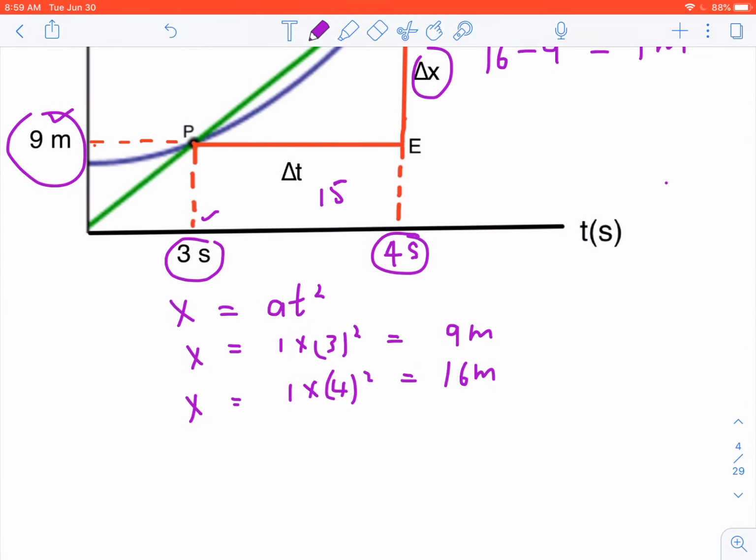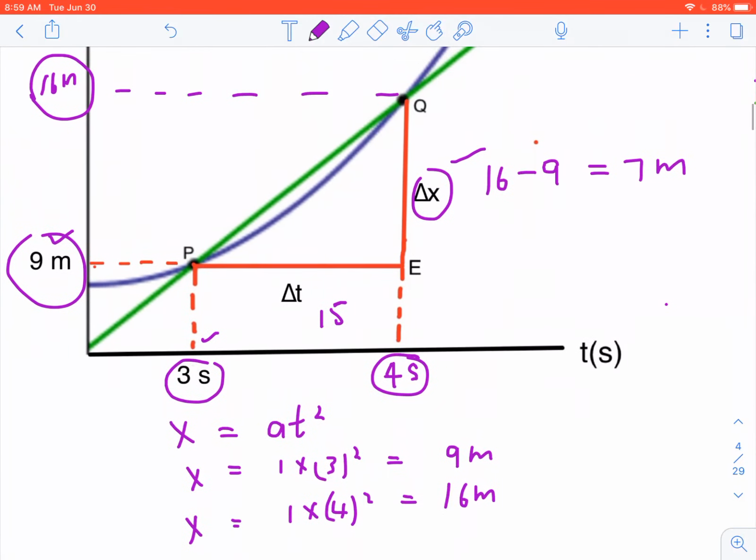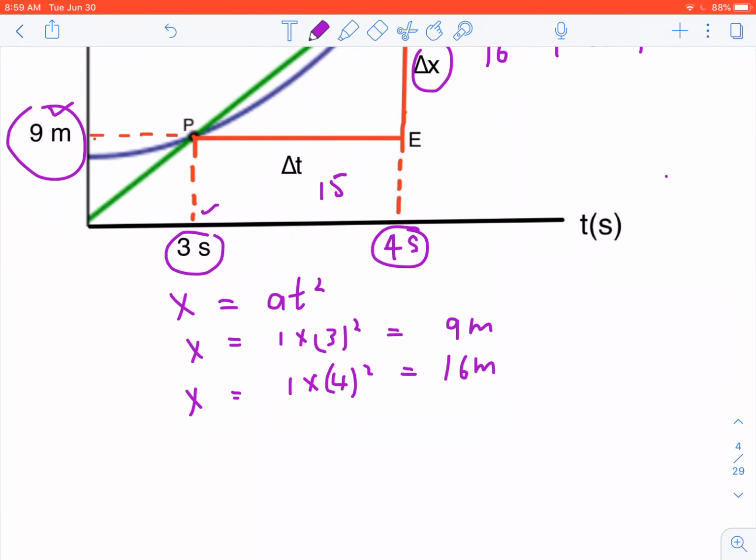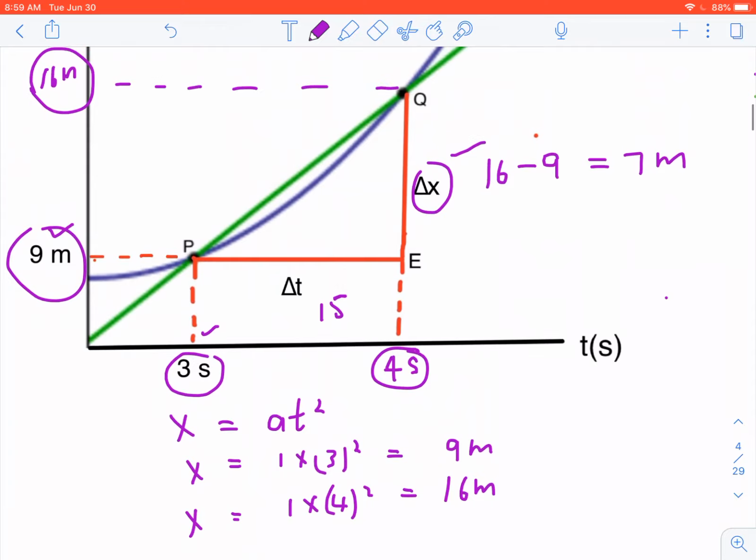So if we want the gradient now for this particular chord PQ, we want the velocity there.